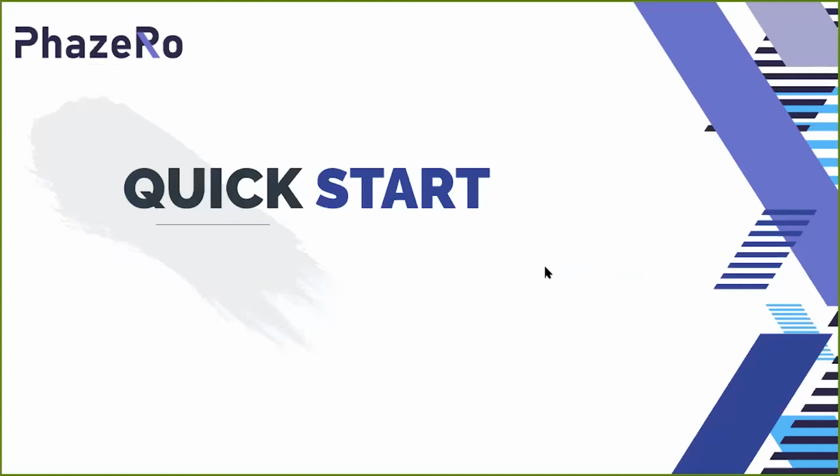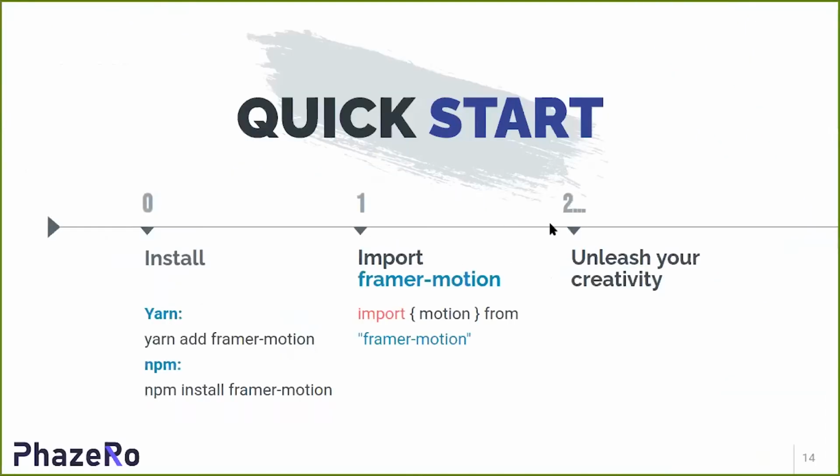Now that we covered some of the concepts and approaches the API has, let's start with a quick guide for installing and using the API. It is like any other package. The install process is really easy using yarn or npm, just writing a command like yarn add framer-motion or npm install framer-motion.